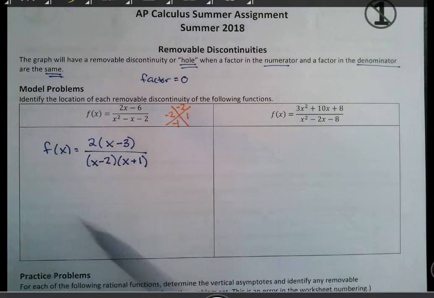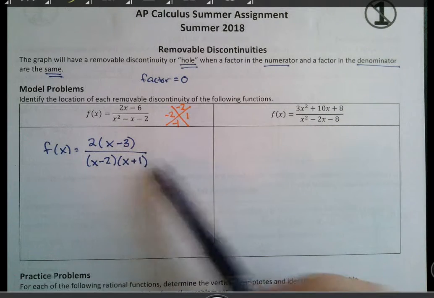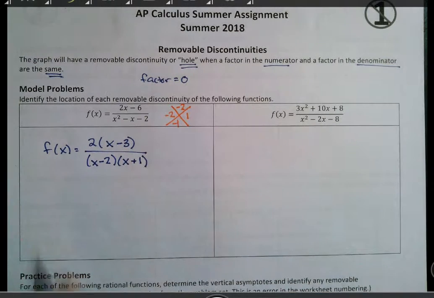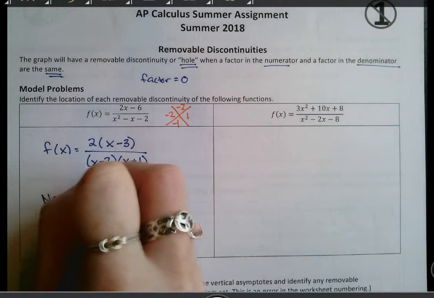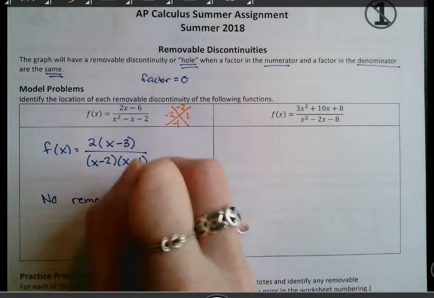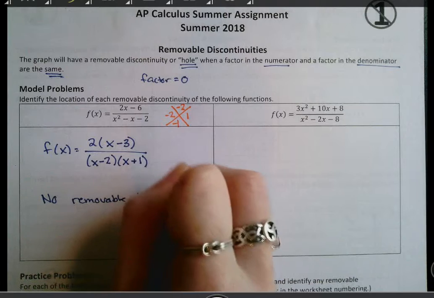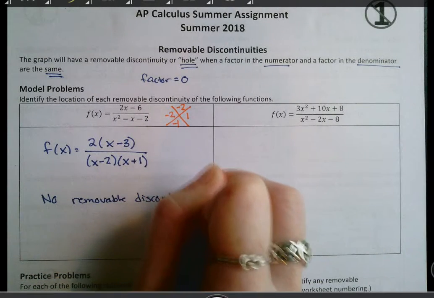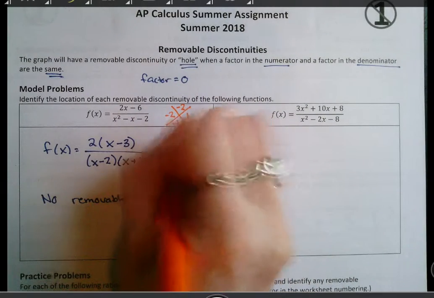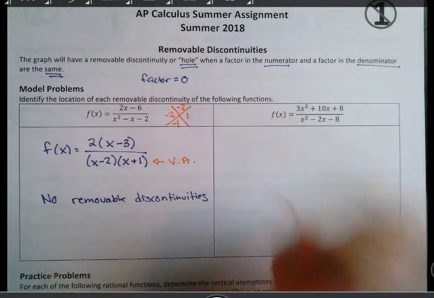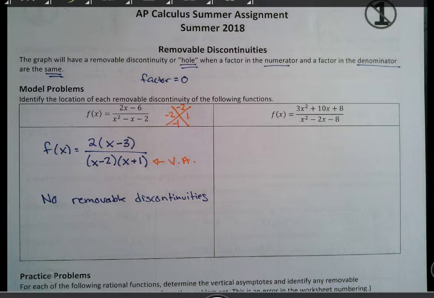If I look here, there's no common factors on the top and the bottom, so that means we have no removable discontinuities. Meaning what we have here, these are actually vertical asymptotes.